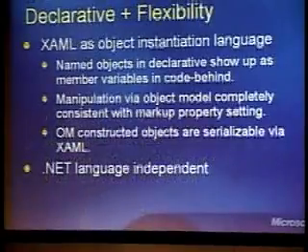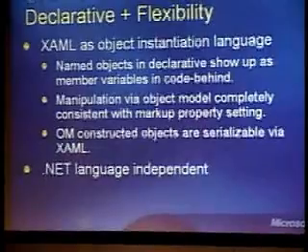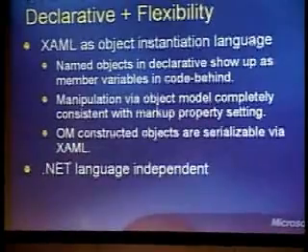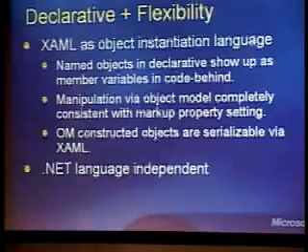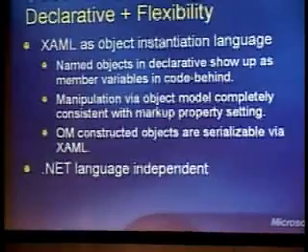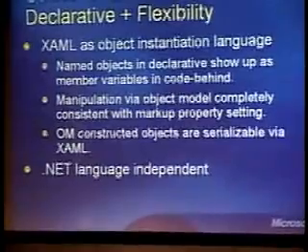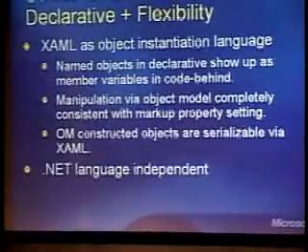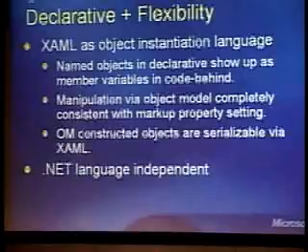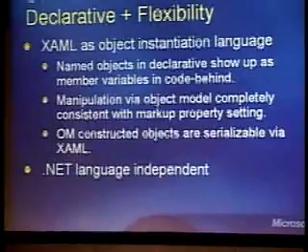XAML is a declarative instantiation language. We talked about that. Now, one thing I didn't talk about is how you hook this all up with code. When you name an object in XAML, when you give it an ID property, that object shows up as a class member of your generated code.